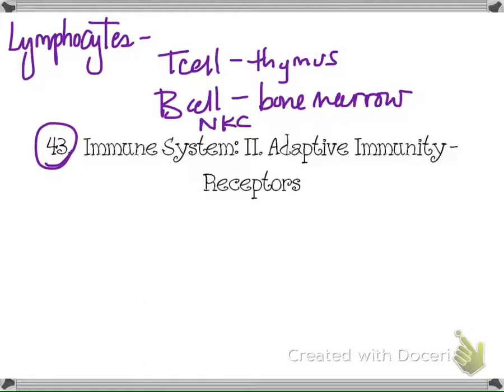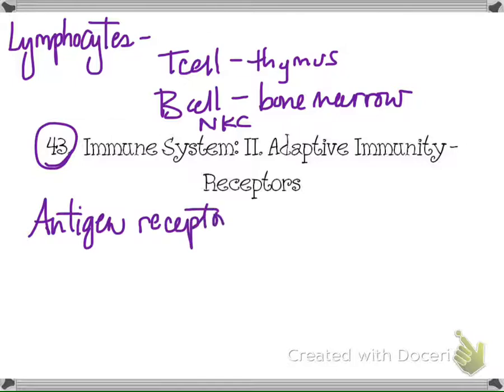The other things we need to know, I think we've already done: antigen, anything that gets a response from your immune system. Exposure to a pathogen activates B and T cells with antigen receptors, and these are specific for parts of that pathogen.